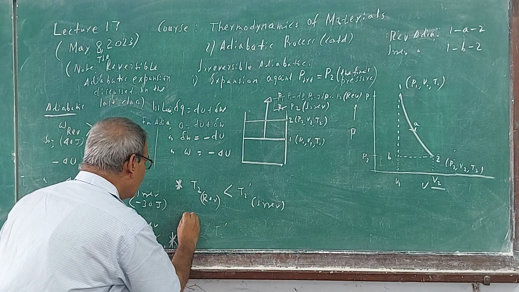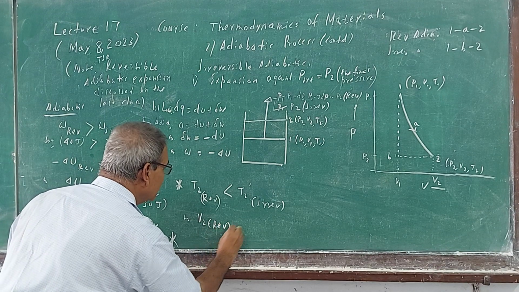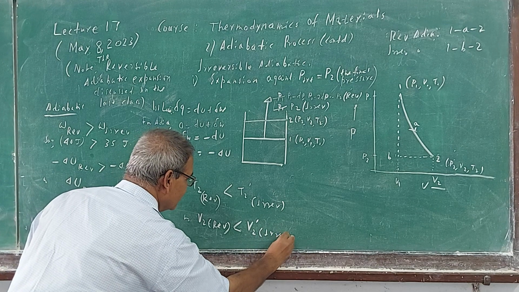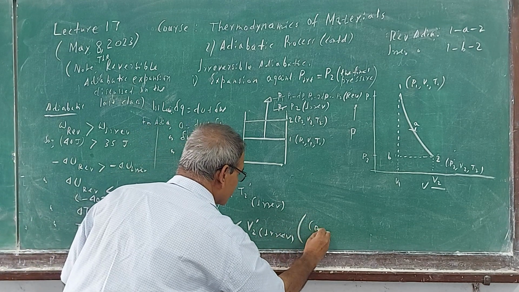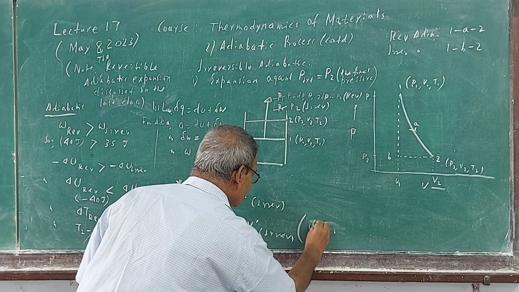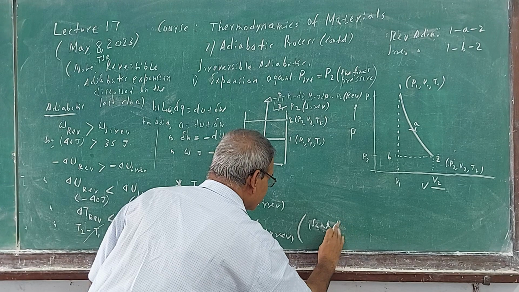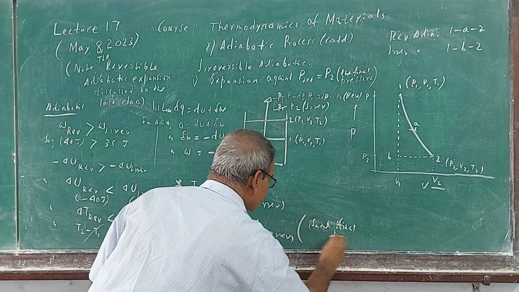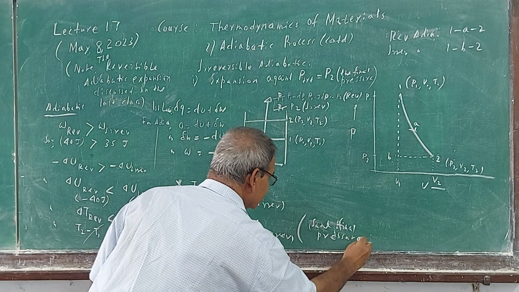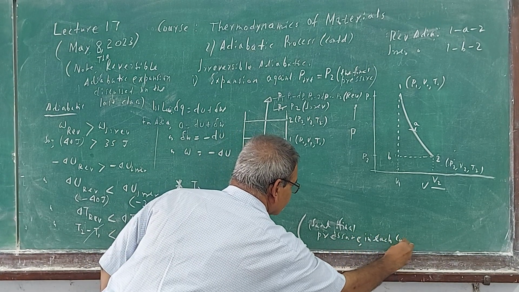This means V2 reversible will be less than V2 prime irreversible. Write in bracket constant pressure. Same pressure means same final pressure in each case. So you have no doubt.